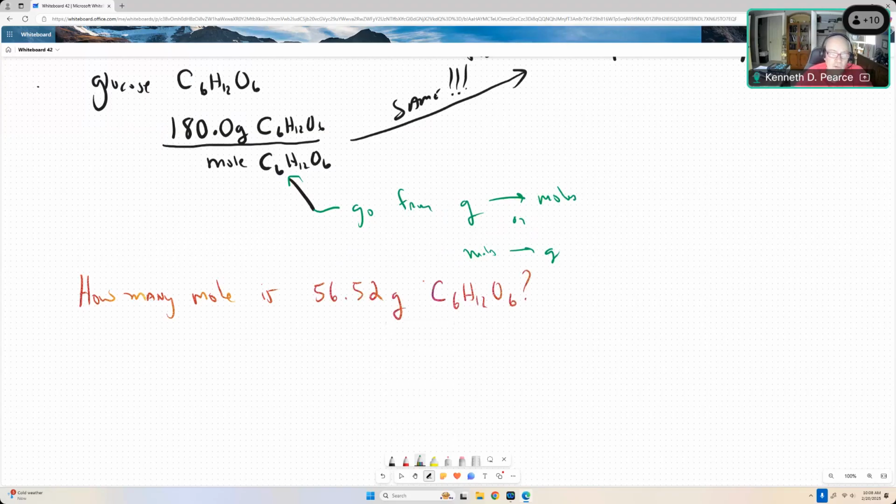And we look at it and we say, well, gee, we got moles, we got grams, but what do we have right here? I see grams, which means I need the molar mass, because that's what it says right up here at the very top.